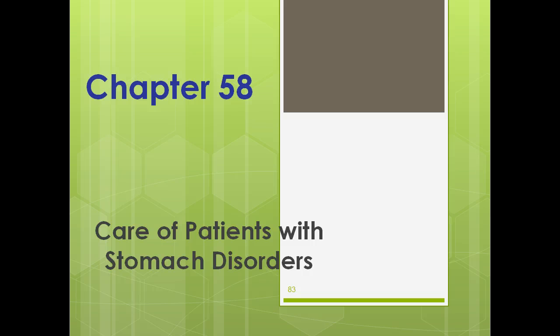We're going to talk about PUD, which is peptic ulcer disease, describe the purpose and adverse effects, and discuss GI bleeding, gastric cancer, gastric lavage, and also gastric surgery as it relates.